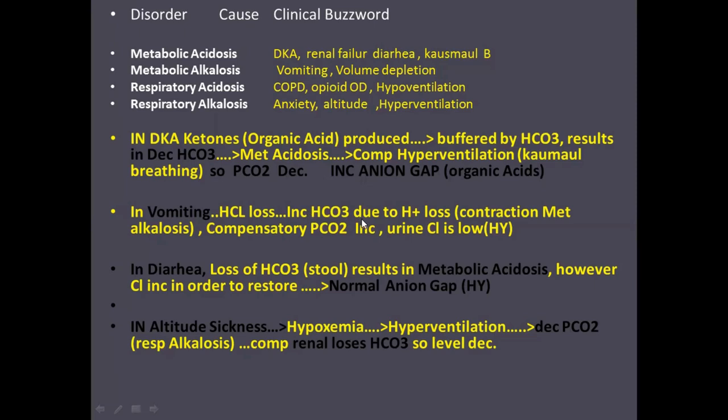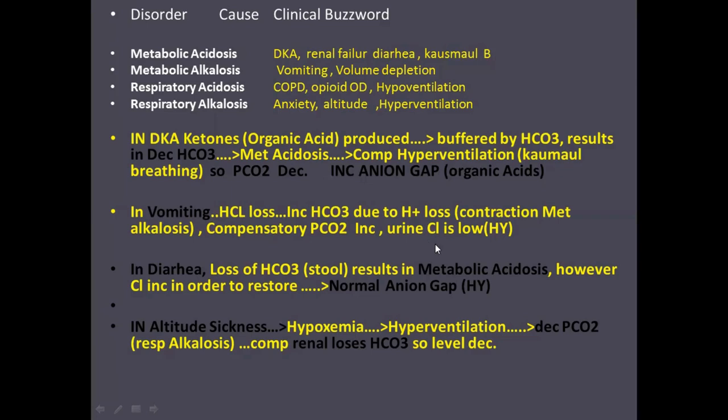That is the reason bicarbonate increases, and whenever bicarbonate increases, pH increases, and that is the condition of metabolic alkalosis. The compensatory response is that the partial pressure of carbon dioxide increases, the body hypoventilates, and your urine chloride is very low. That is a high yield point.